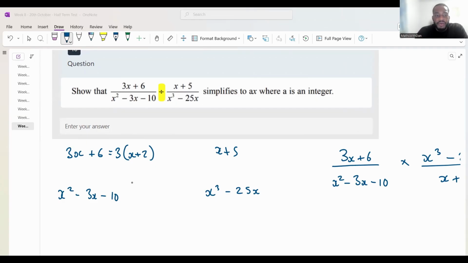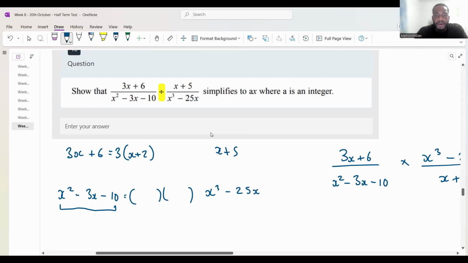Good stuff. Next one. This is what type of expression, guys? What do we call these types of expressions? Quadratics, right? So when we factorize it, we've got to do two brackets like that, don't we?